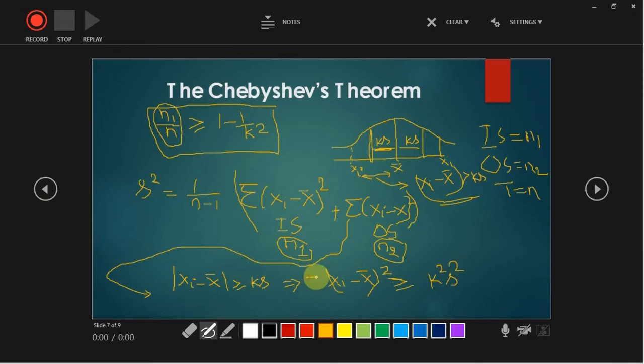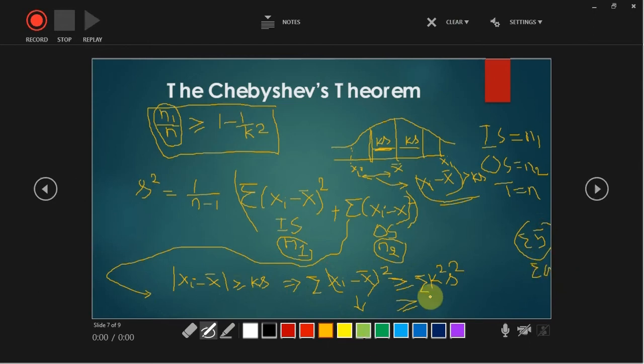So now we take the summation. This remains the same, greater than or equal to. Here we are adding a constant. If we are adding 5, this becomes 5n. If we are adding a, this is a plus a plus a.